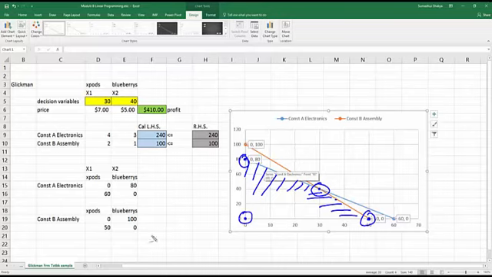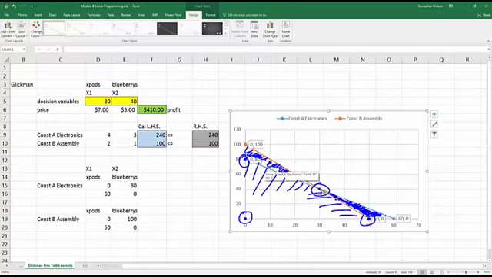Now, if we were to look at only one constraint at a time, the constraint of electronics includes this area, but this area is not included by the assembly constraint, because we have to also stay less than the constraint for the assembly. So this area is included by the electronics but not by the assembly. Similarly, this area is included by the assembly but not by the electronics.